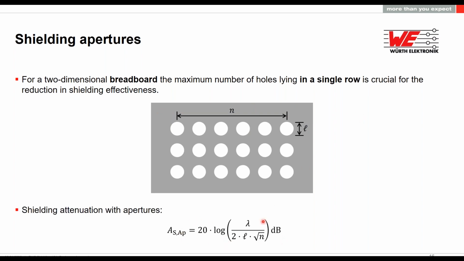With this equation, taking into account the number of apertures and the maximum linear length or dimension, we can calculate the attenuation created by this matrix of apertures. This n number should be the maximum number of apertures, either in this direction or in this direction.